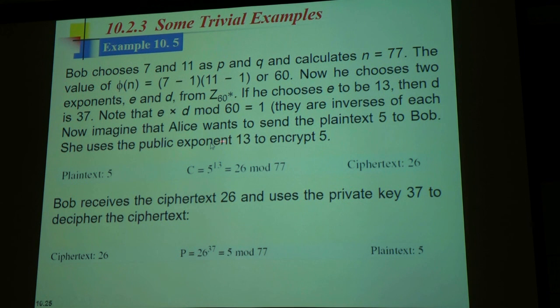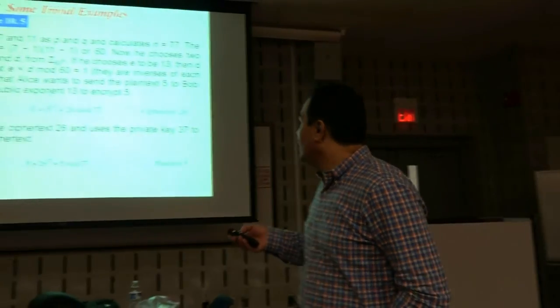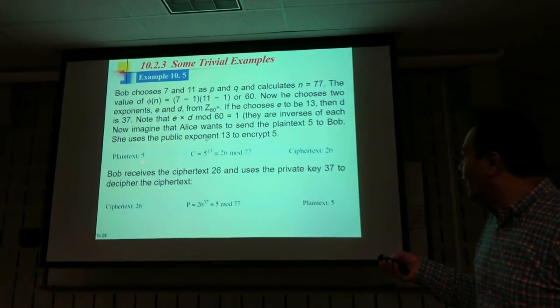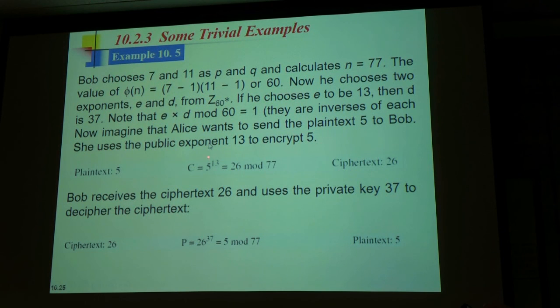Now imagine that Alice wants to send a plain text 5 to Bob. She uses the public exponent 13. Why 13? What is 13? It is E, the public key. So how do you do that? The plain text is 5. C is 5, the plain text, to the power 13 mod N. How much is N? 77.